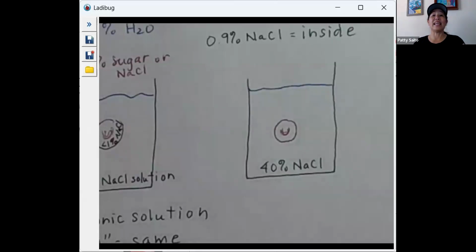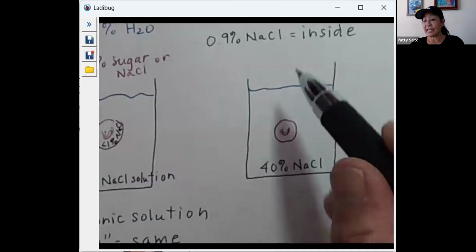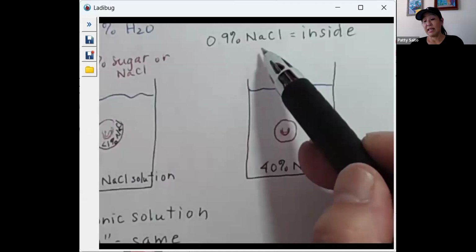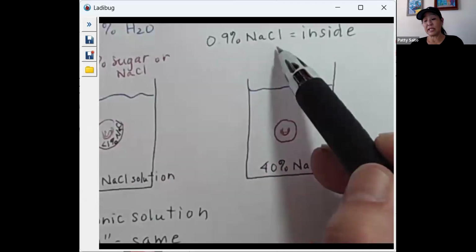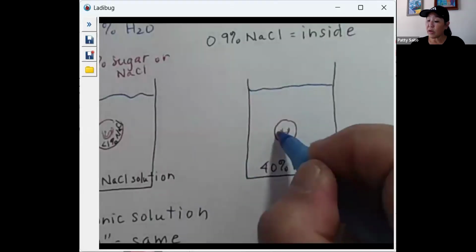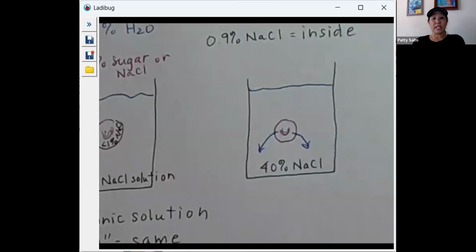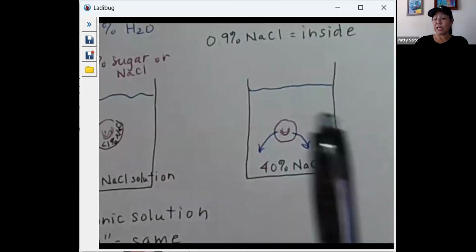I always think of it like, if it's sugary over there, my water's going to go to dilute it. So inside is not very salty, only less than 1% salt. This is 40%, which means that water is going to go toward the salty solution. It's going to pull it out.